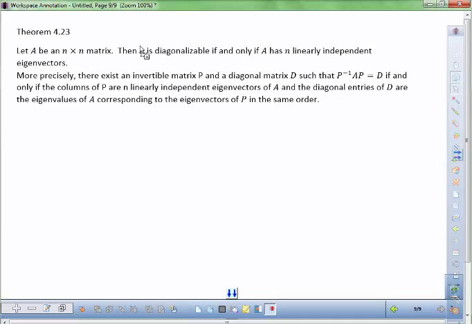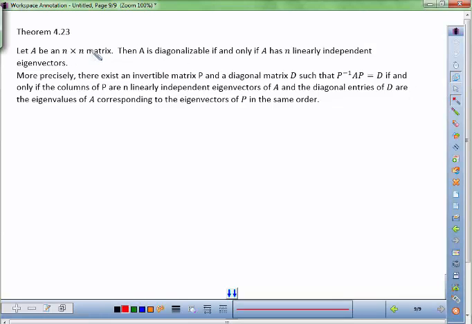It turns out that if you have the same number of distinct eigenvalues as the size of your matrix, then the eigenvectors are all going to be linearly independent.